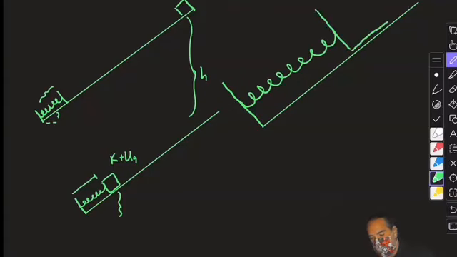When the box first contacts the spring, there is no force yet being applied to the box from the spring. This is Hooke's law, what I just wrote up here. This isn't about energy, this is about force. And Hooke's law states that the force from the spring is proportional to how much the spring has been compressed.